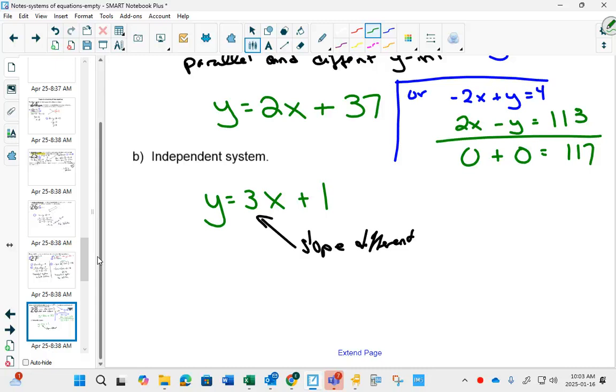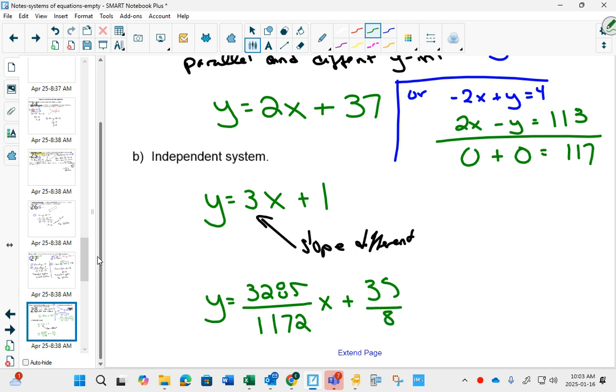So if you wanted an independent system, look at your original equation, and then chances are this would be different. There we go. What is the likelihood that I would have made that my original equation? Probably very, very unlikely. That is a crazy slope. 3,285 over 1,172.